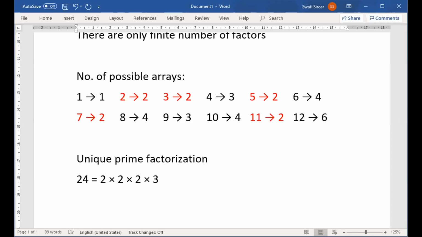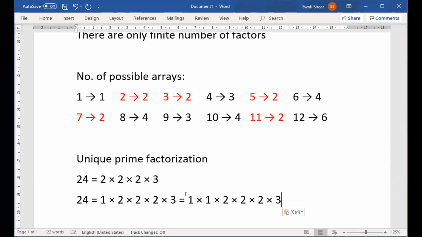However, if you allow 1 to come in as a prime factor, then it would be this, and it would be this, etc. Right?